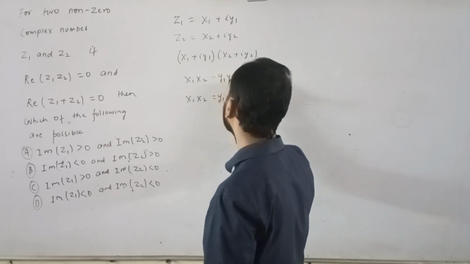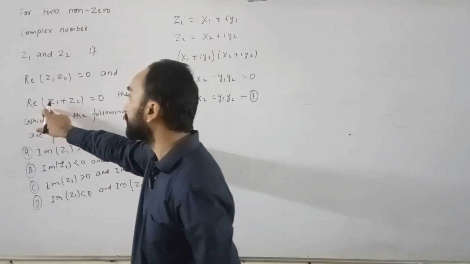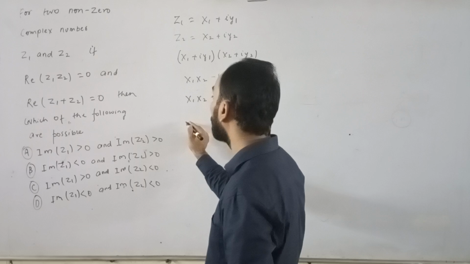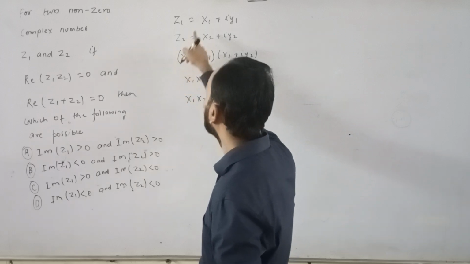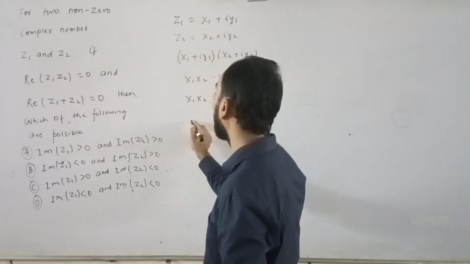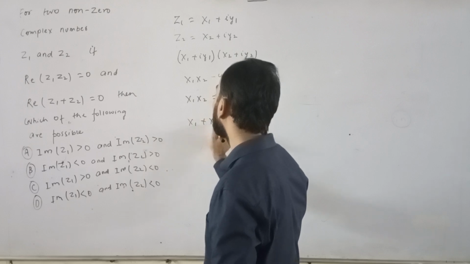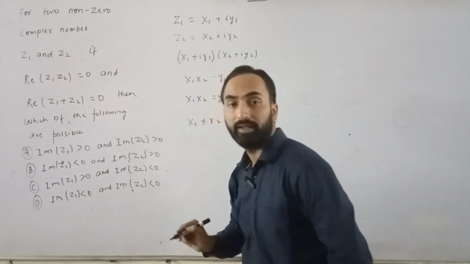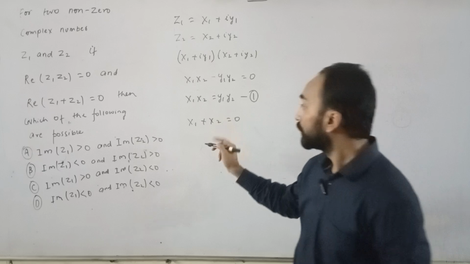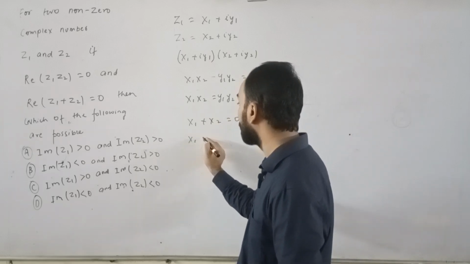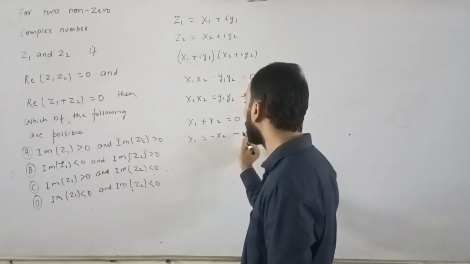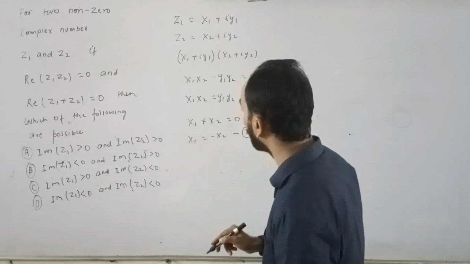Now the next condition, the real part of Z1 plus Z2 is 0. So x1 plus x2 is equal to 0, and from here I get x1 is equal to minus x2. That becomes equation number 2.